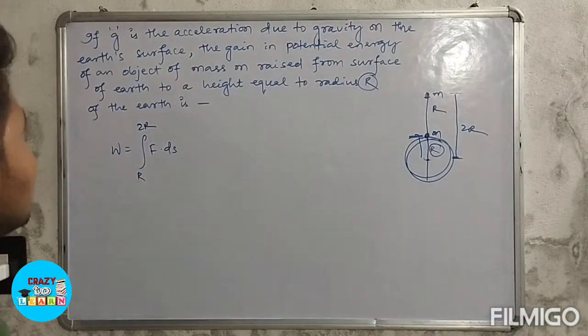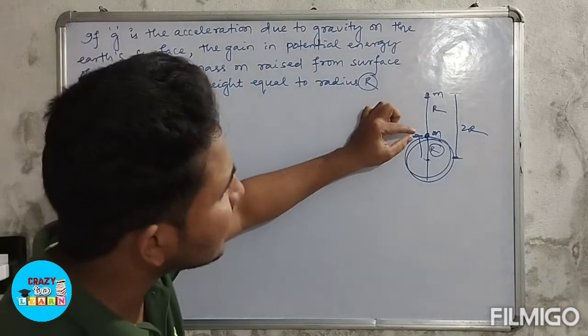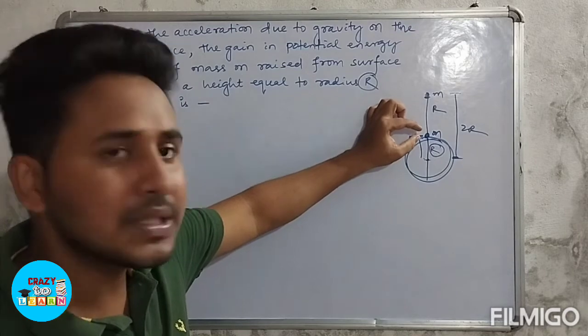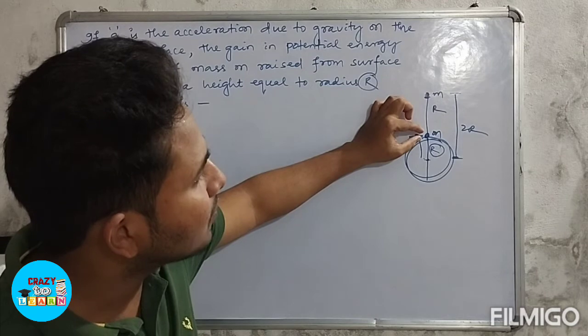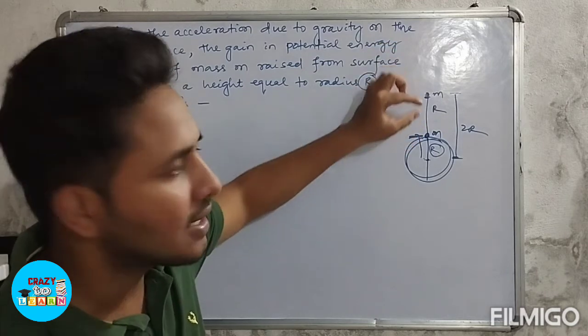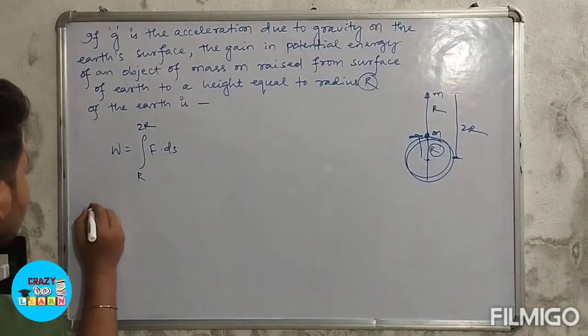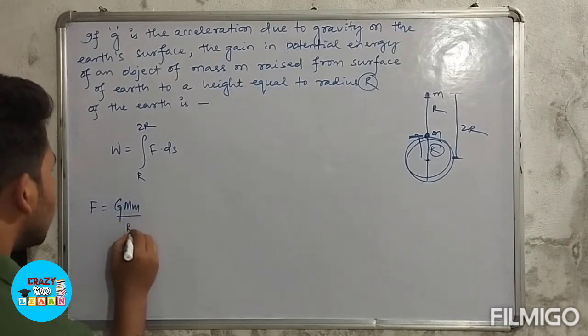So now we know the gravitational force F. When the object is on the surface of the earth, some gravitational force is acting on the object, and when the object is raised to a height of r, the gravitational force is acting. So we know the gravitational force acting F is equal to GMm by r square.